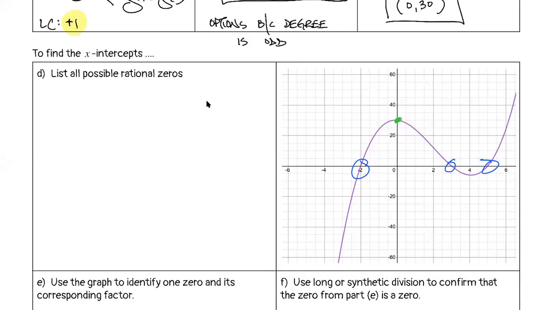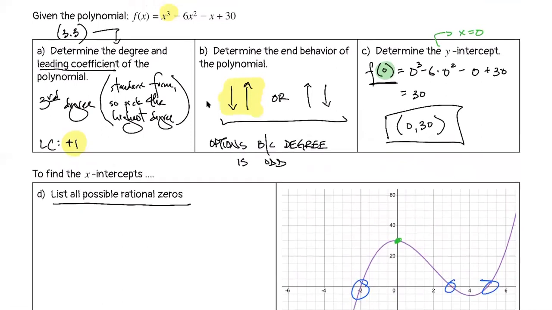Now, one thing I want to talk about is there's actually only certain numbers that you really need to try when you're trying to figure out, is it a factor or not. And so in order to answer that, we're going to go back to our original polynomial, and we're going to take a look at the very last term. So in our case, that's a 30.